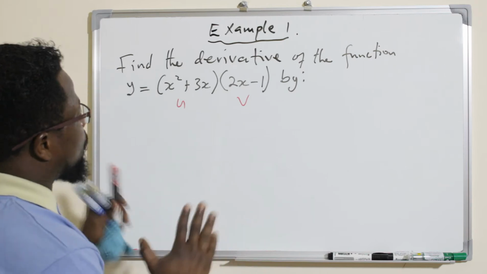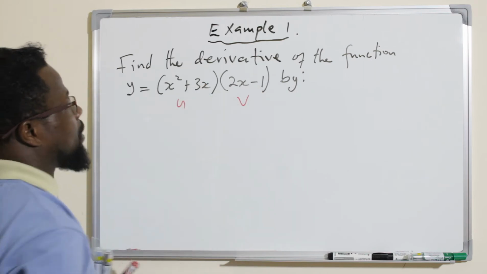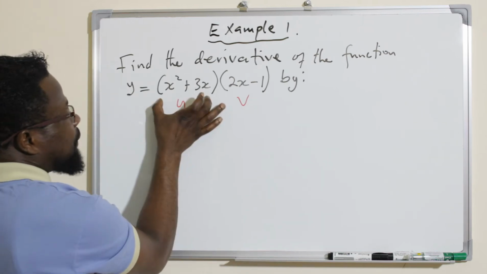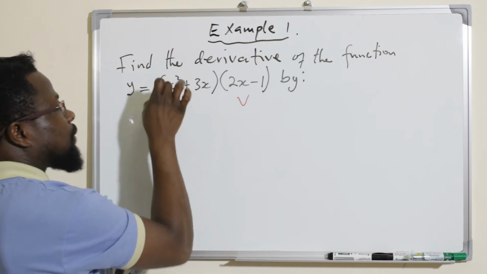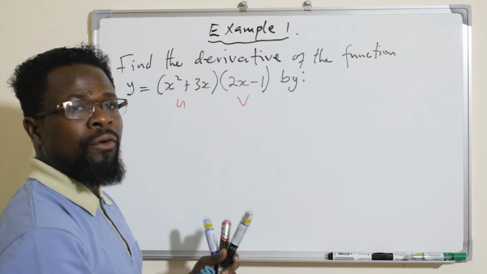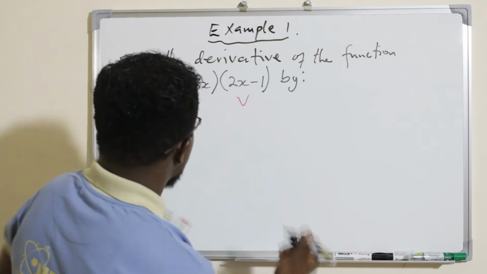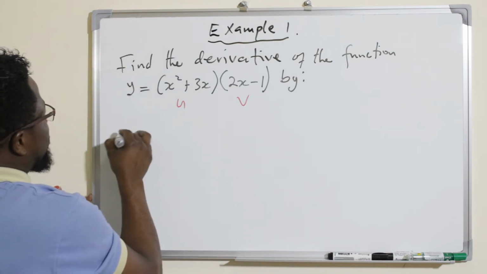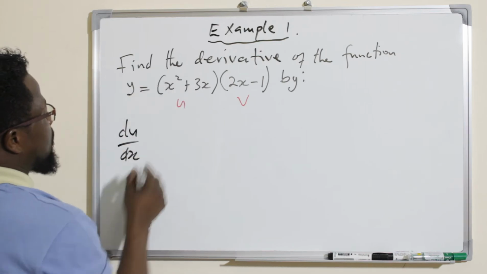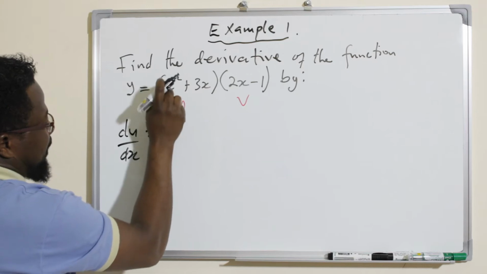Once I have taken note of my u and my v, now I need to take the derivative of each of them because this is a function. U is a function in terms of x, v is a function in terms of x. So I need to take the derivative of each of these functions. So I'm going to find du/dx. That means I'm differentiating u with respect to x.